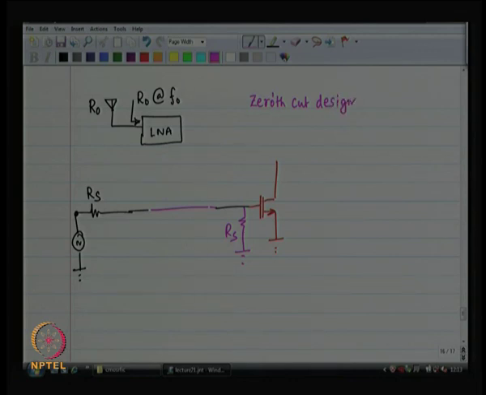Okay. So, your zeroth cut design, I have not designed the complete thing, but input matching I have achieved. Presumably I will work on the design further and I will get a good gain.